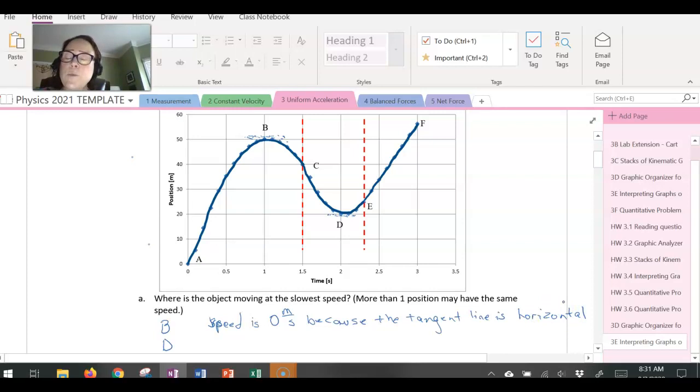Okay, so those would be the places where this object has the slowest speed. Both of those are just for an instant. It's at the point where the object is changing direction.